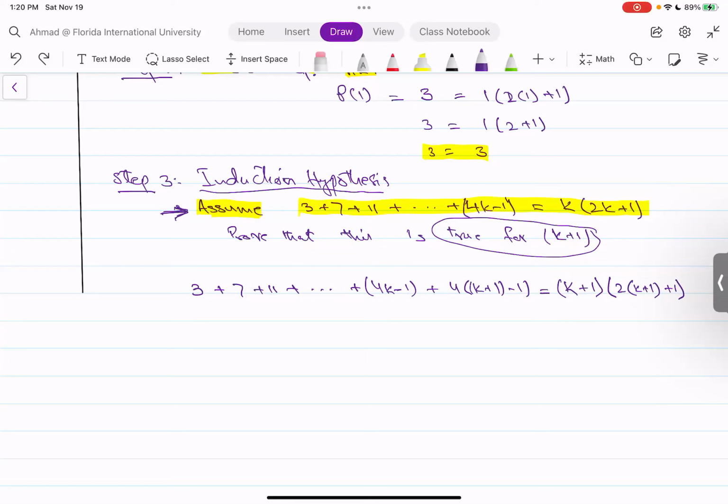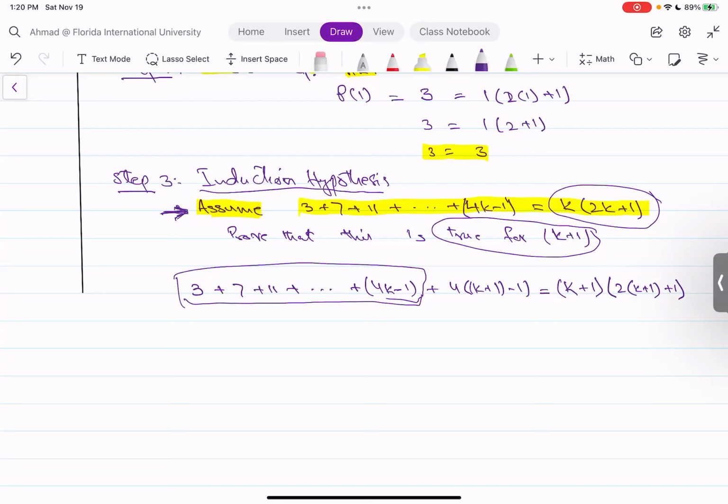Let's see how we can do that. If you observe our assumption, we know that this whole sum is equivalent to k into 2k plus 1. So we can substitute the value of this term now. We already know that this is equal to k into 2k plus 1 from our assumption.